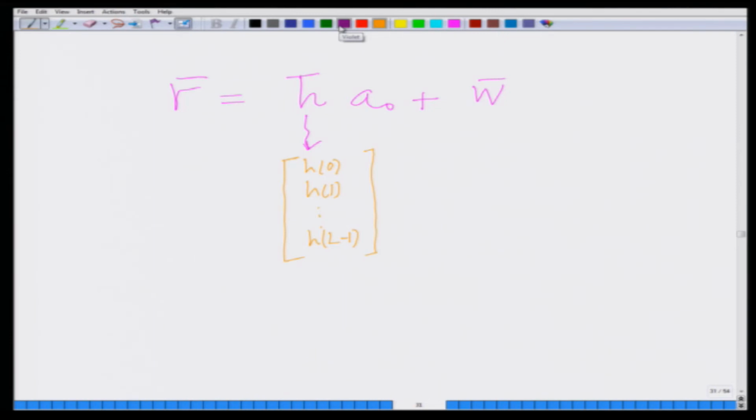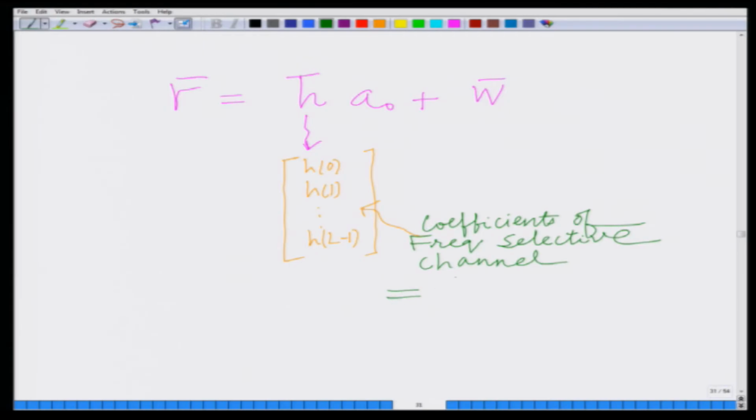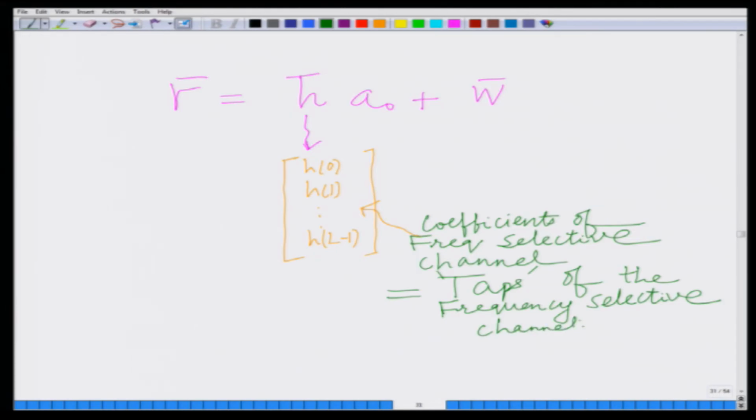These are also known as the taps of the frequency selective channel, and the noise vector W bar is such that each element is Gaussian with mean 0 and variance sigma square divided by n.